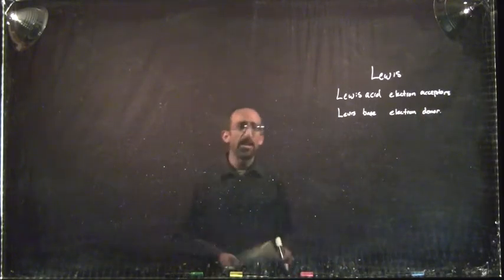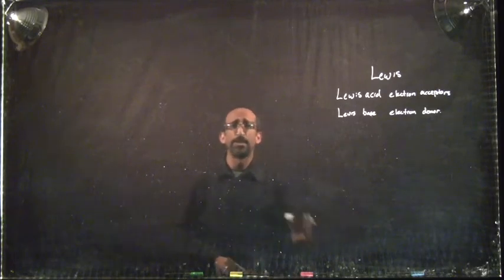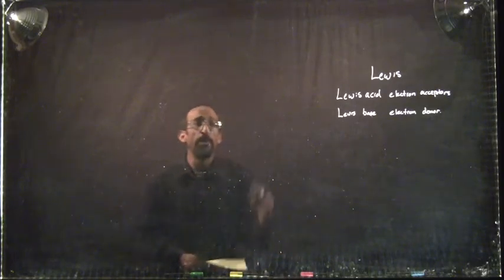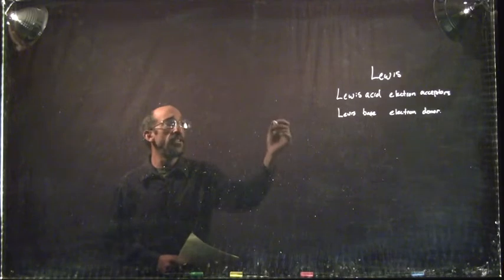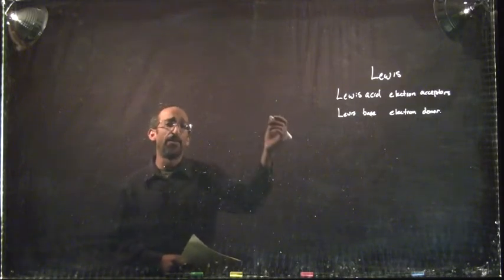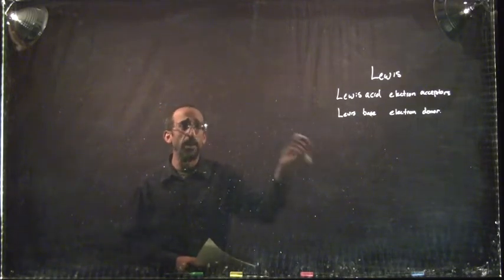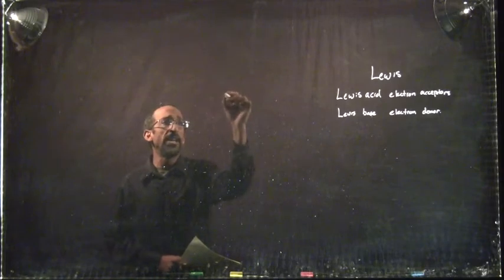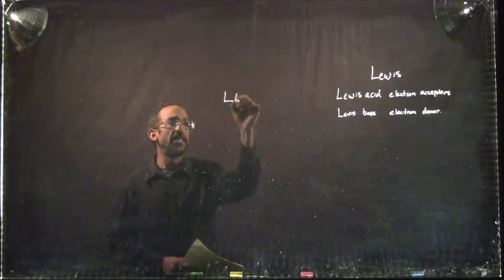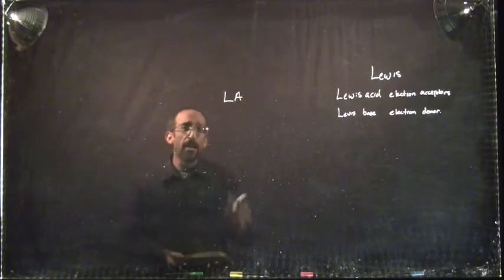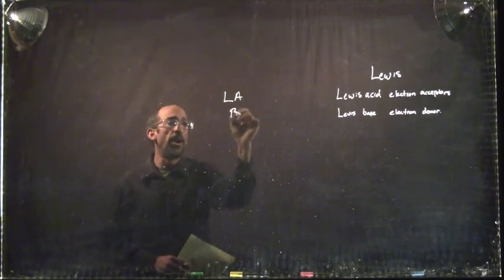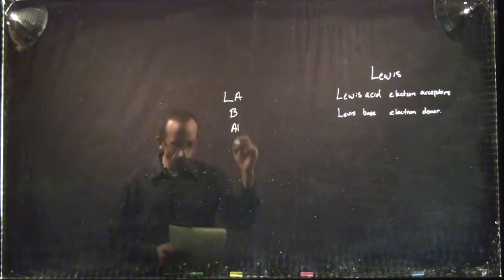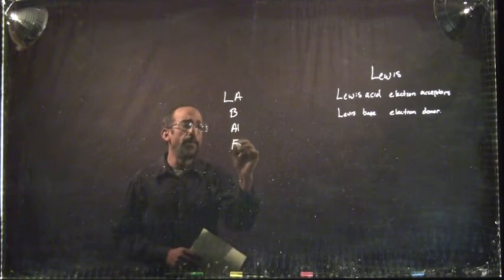So let's take a look at a few examples of Lewis acids and Lewis bases. So our common Lewis acids, and I'm going to begin to abbreviate these as La for Lewis acid and Lb for Lewis base. So in organic chemistry, some of our more common Lewis acids are elements such as boron, aluminum, iron.